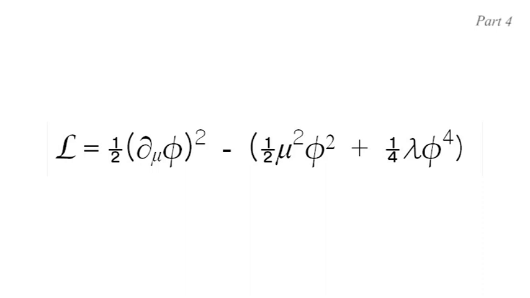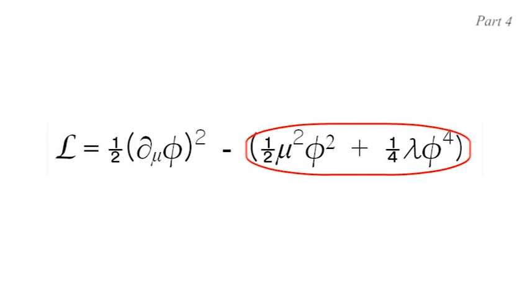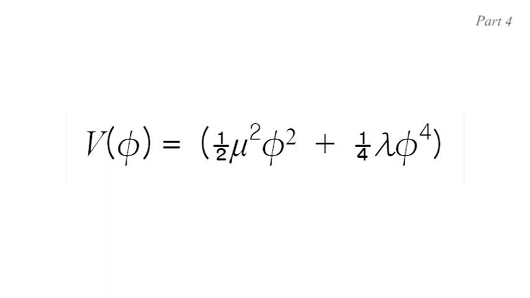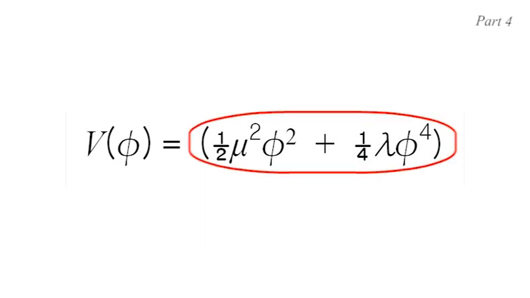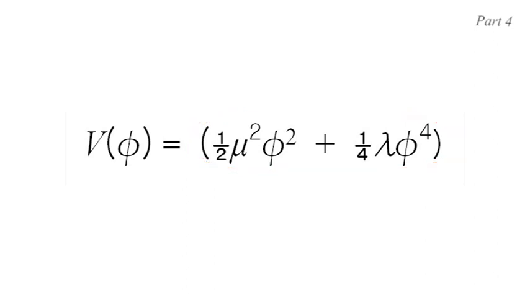If we consider just the potential term, the potential energy density as a function of the field phi, we have a half mu squared phi squared plus a quarter lambda phi to the fourth. Remember, it's the negative of this that would be in the Lagrangian, kinetic minus potential. It's clear that this potential energy density of the field varies as the square and as the quartic of the field value, so it won't be a simple parabola.